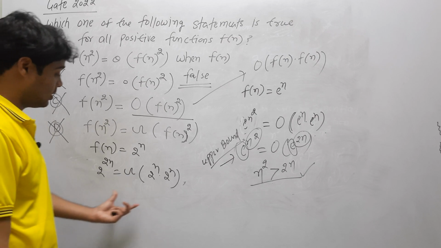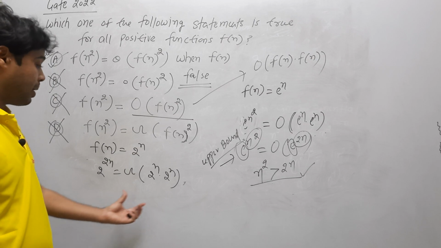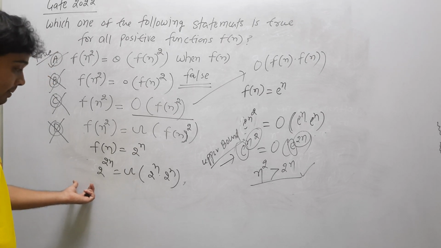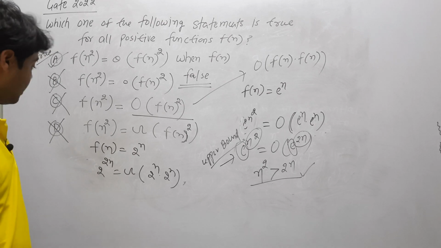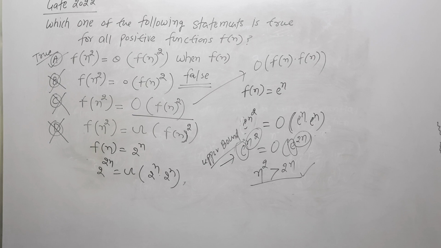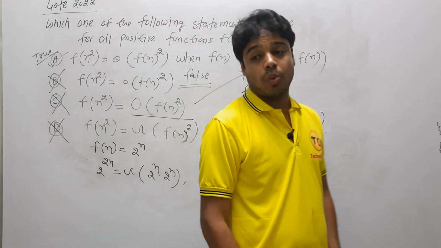So this is a false one here. This must be an upper bound, this must be a lower bound on this one. That is not possible here. Clear? So D is a false one. Only A is correct here. So option A is correct.